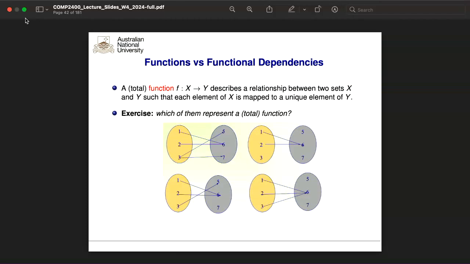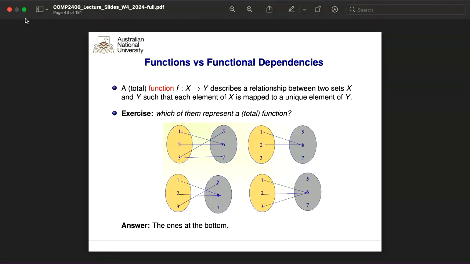Good. Yes. So here, in this case, the bottom ones are total functions, because every element in the domain is mapped to something in the codomain. And also, every element in the domain is mapped to only one element in the codomain.